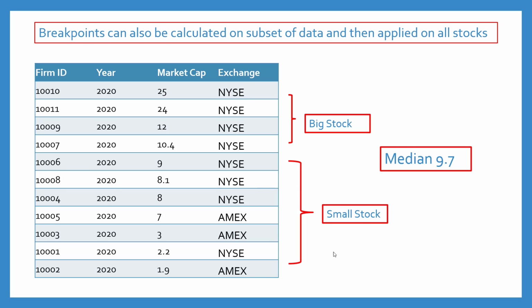They would all end up in the small stock portfolio and all NYSE would end up in the big stock portfolio. For this reason, we use only NYSE as the way of calculating the breakpoint.